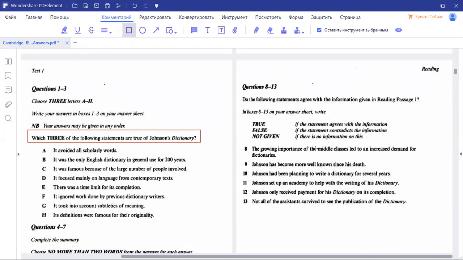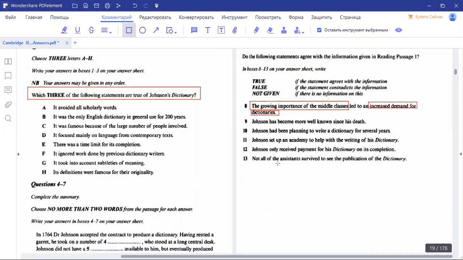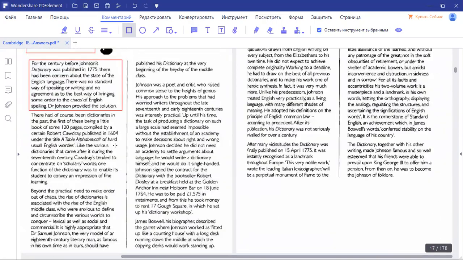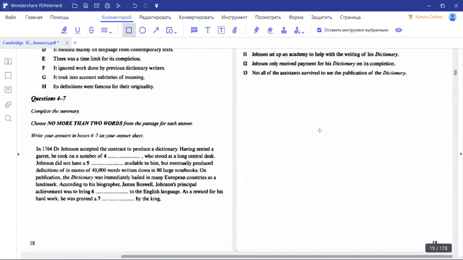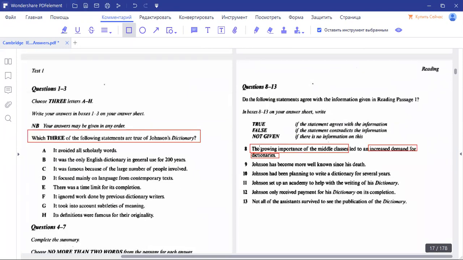The growing importance of the middle class led to an increased demand for dictionaries. All the time, true false not given questions are given in order. So if you find something in the middle, that means you have to go down all the time, never go up.